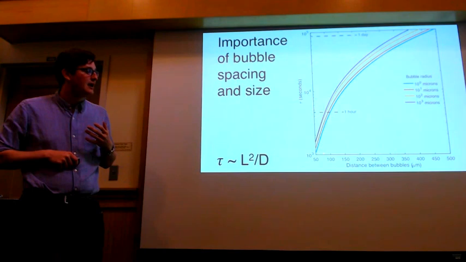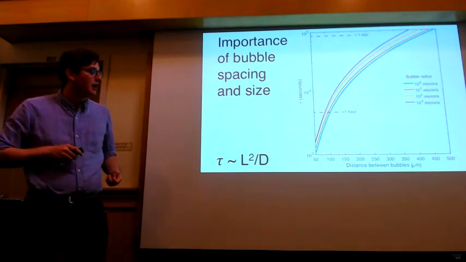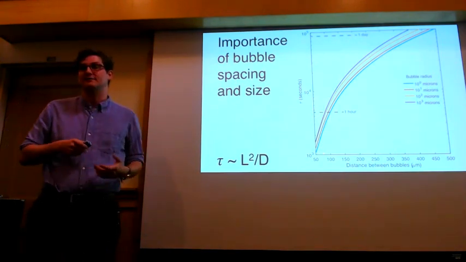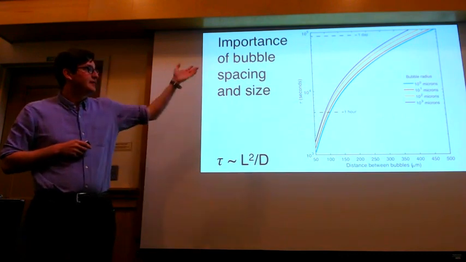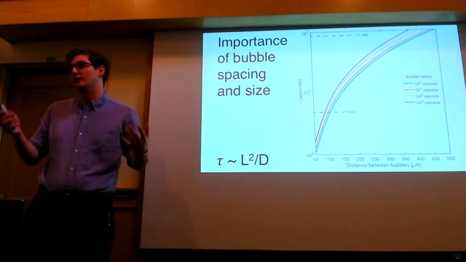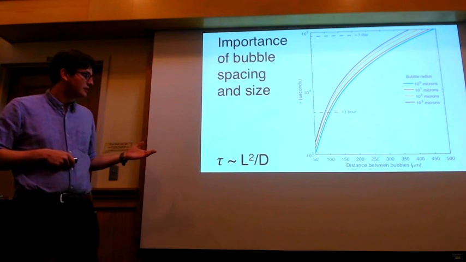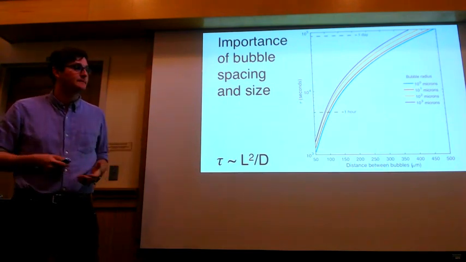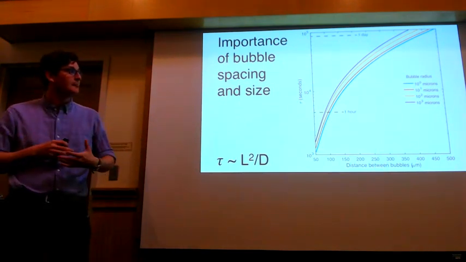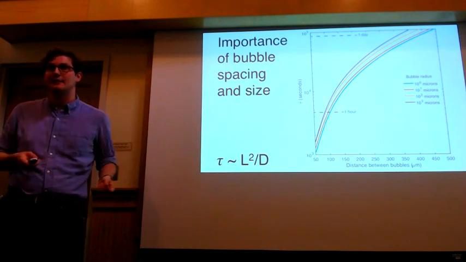And changing your bubble spacing by a factor of 10 changes the time that it takes to equilibrate by a factor of 100. And that's really good because that's predicted by diffusion theory, but that's a huge effect. And so we're going to keep that in mind.